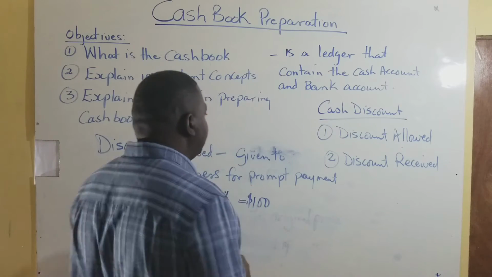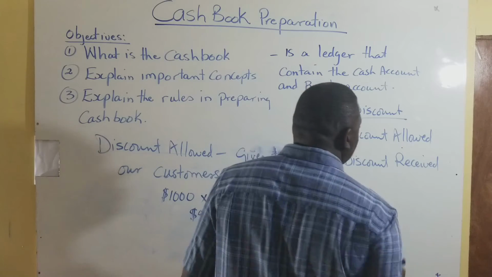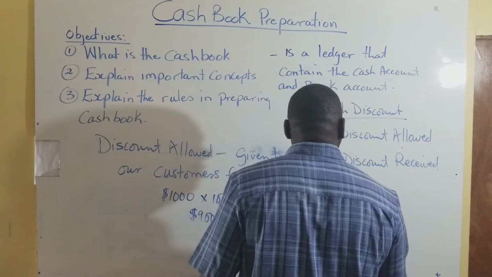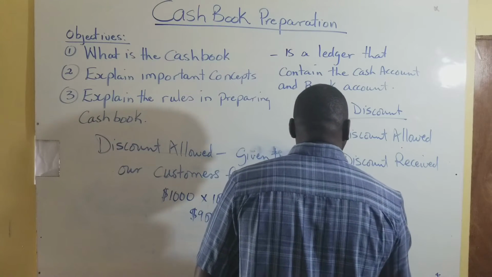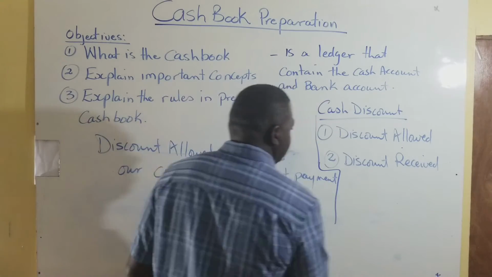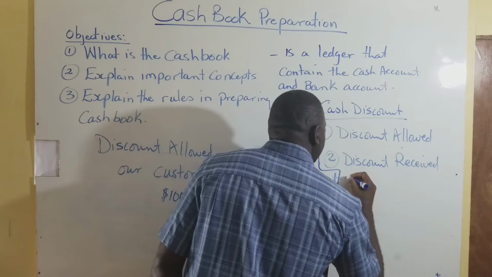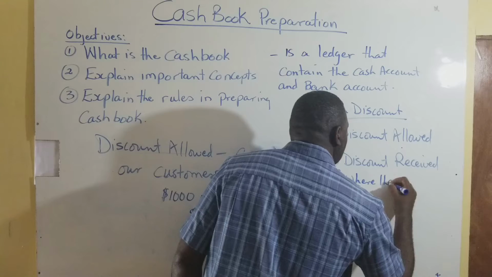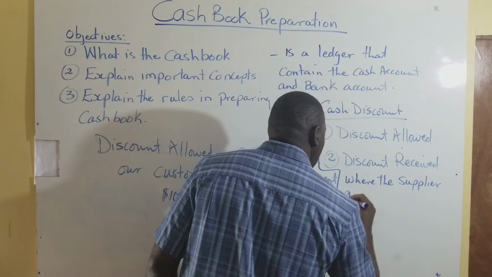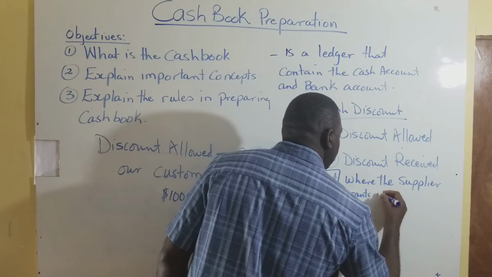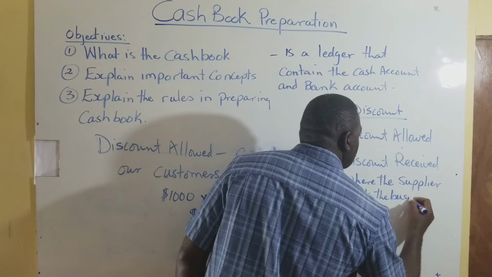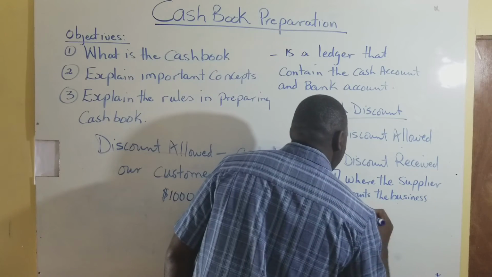Let's go to the next one, discount received. We'll take it right here. Discount received, and in this instance, we are now the supplier. So it's where the supplier grants the business a reduction.